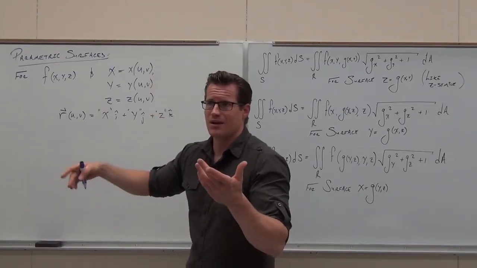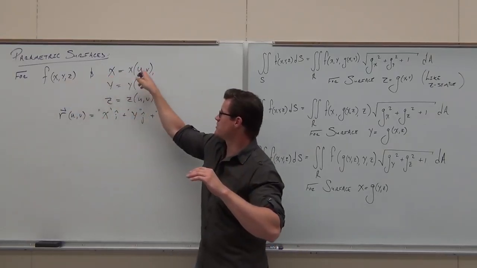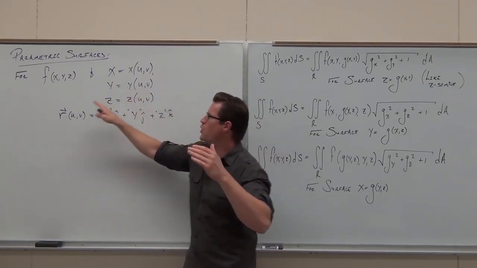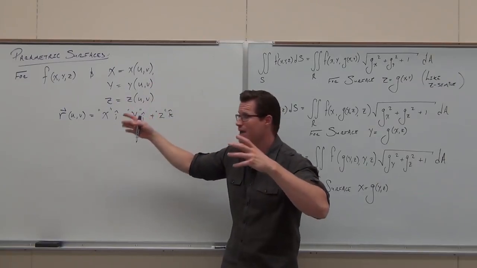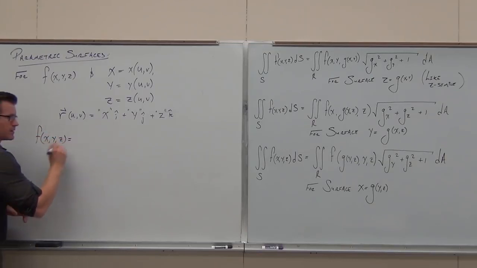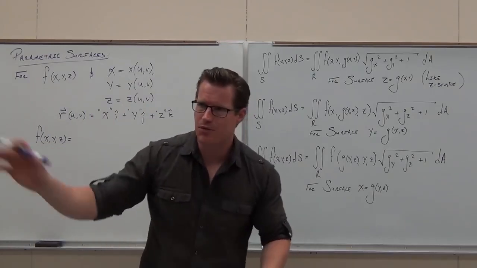If you could define something that has x's, y's, and z's, where x would be u's and v's, and y's would be u's and v's, and z's would be u's and v's, and you know that vector functions are always the x component i, the y component j, the z component k, then we can redefine the surface itself as the vector function. And it would give us the same thing graphically.